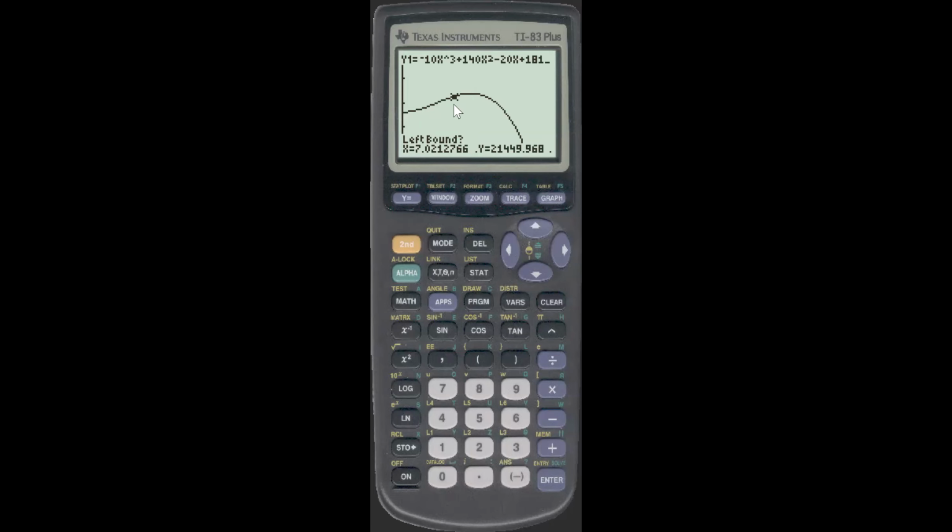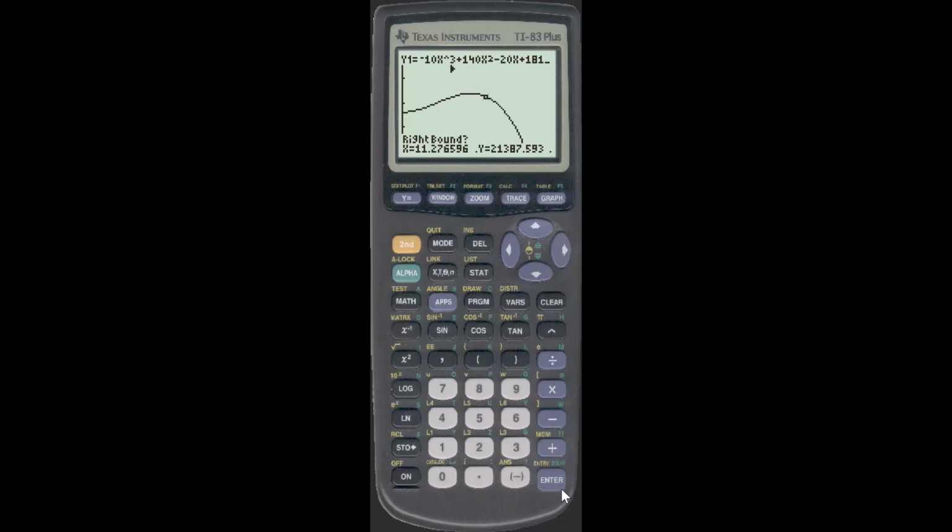It doesn't matter where, roughly, it can be anywhere. Now, right bound means to go right of the maximum. So go somewhere right of it. Yours doesn't have to be exactly like mine, just somewhere right of it. And then hit enter. Now what you should see are these little arrows, they're trying to tell you to look for the max between those 2 points.